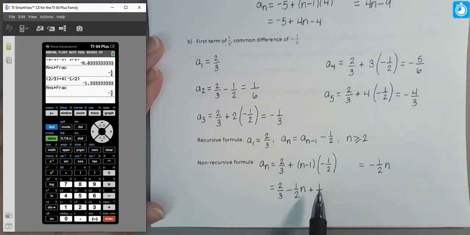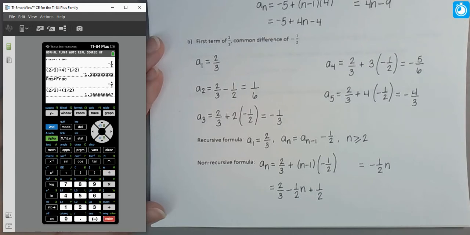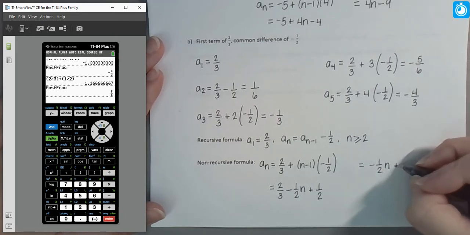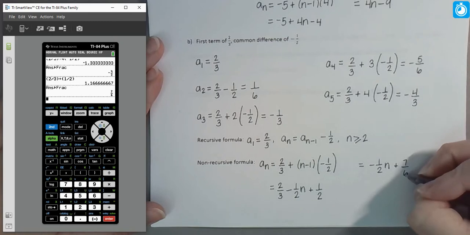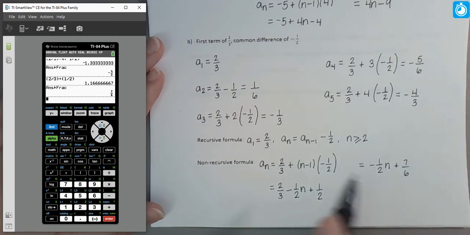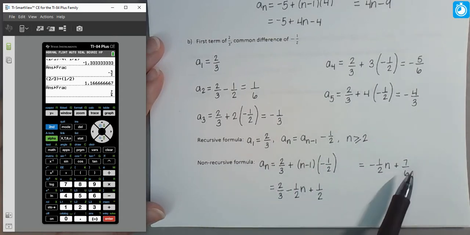And then we combine the fractions, combine those like terms. So that's going to be 2/3 plus 1/2. And then we convert that to a fraction, and we get 7/6. So plus 7/6. So for any specific term in the sequence, if we know the location of the term, we can sub it into this formula, and this will give us the value of the actual term.